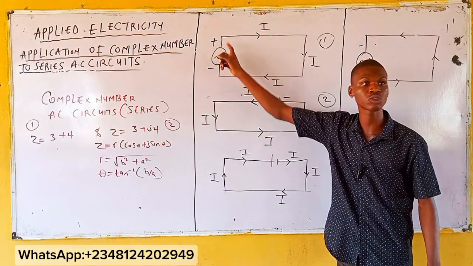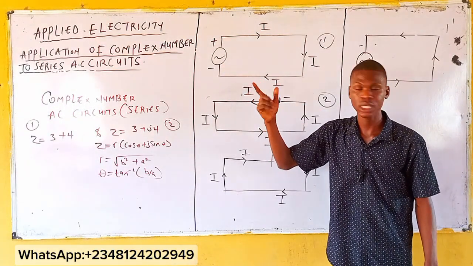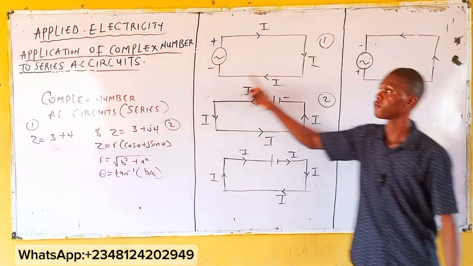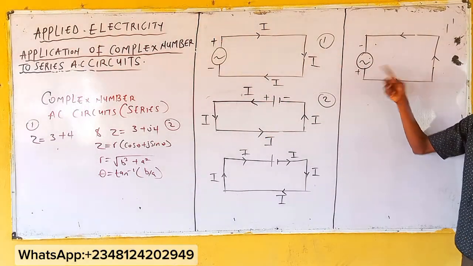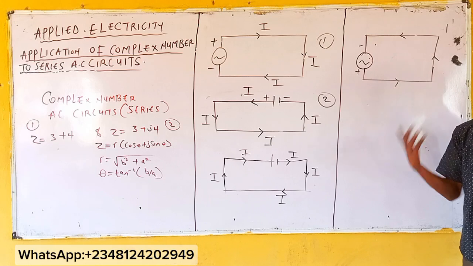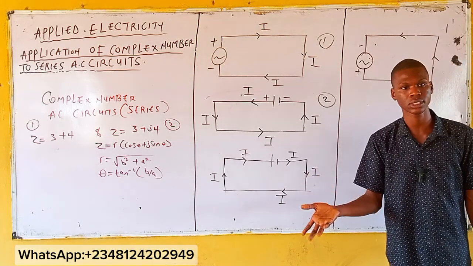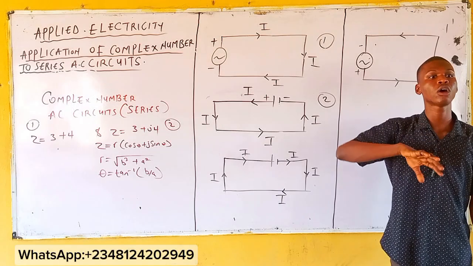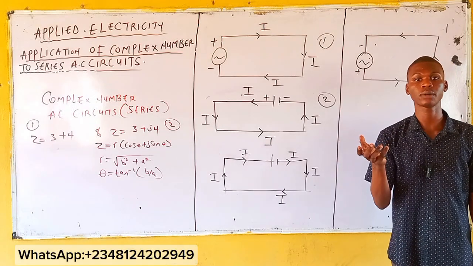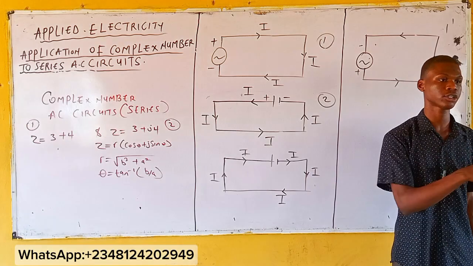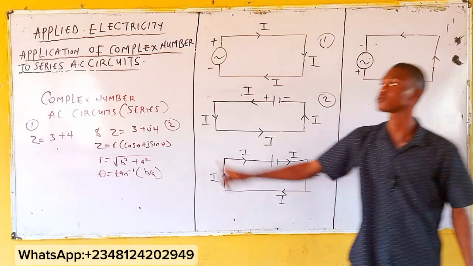But you see this one does not have a specific polarity, meaning for case 1 this might be your positive, negative. For case 2, reverse, this might be your positive, negative. Are you getting the concept? So for AC circuit, it does not have a specific polarity, meaning your current moves in an alternate way. But for DC circuit, it moves in one direction.